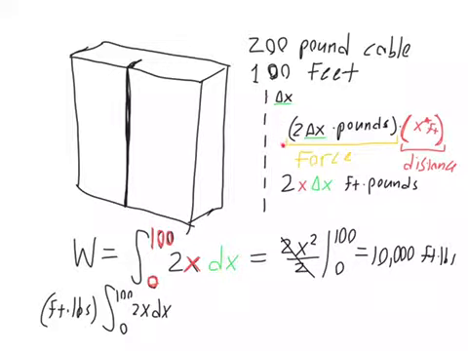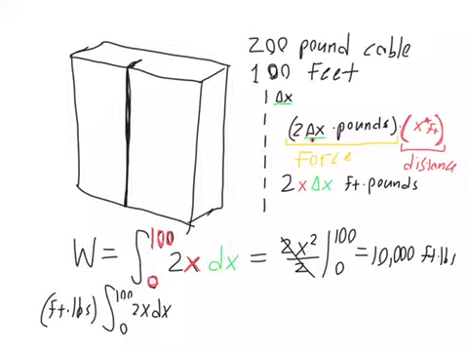Well, we want to know about force. We want force times distance for the work required to move that little piece to the top of the building. And so the force involved is going to be in pounds. Since we're using the US customary system, pounds itself is a unit of force, or a measure of force.